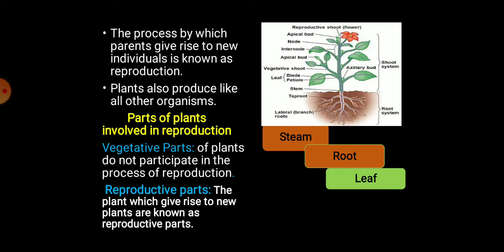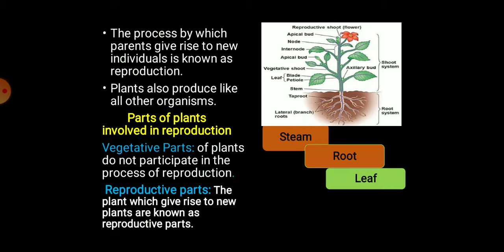Similar thing is happening in the case of a plant also. When a plant or a part of a plant interact with each other, it gives rise to a new plant, that is reproduction. And basically reproduction can happen through different methods of producing new plants. So we will see how reproduction takes place in plants in this video.